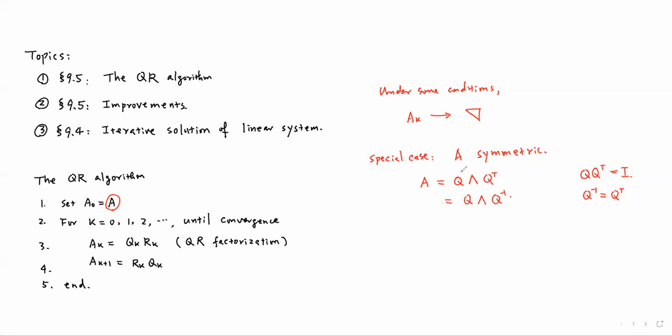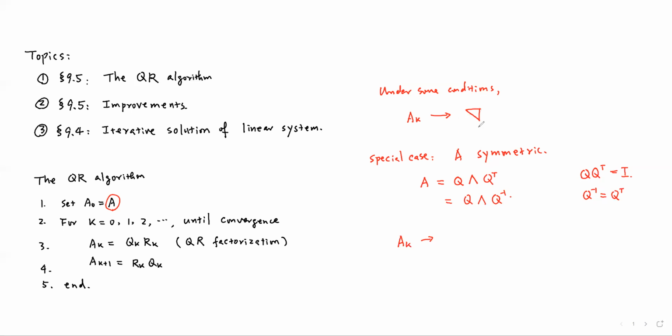The diagonal entries of lambda are eigenvalues of the matrix A. Then for this special case, when we apply the QR algorithm to a symmetric matrix, A_k will approach an upper triangular matrix.